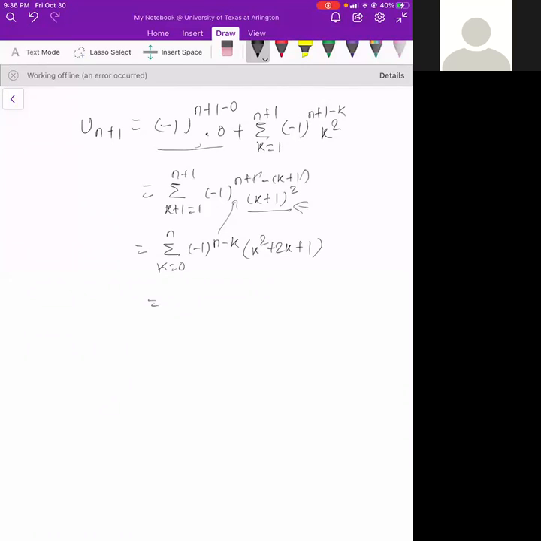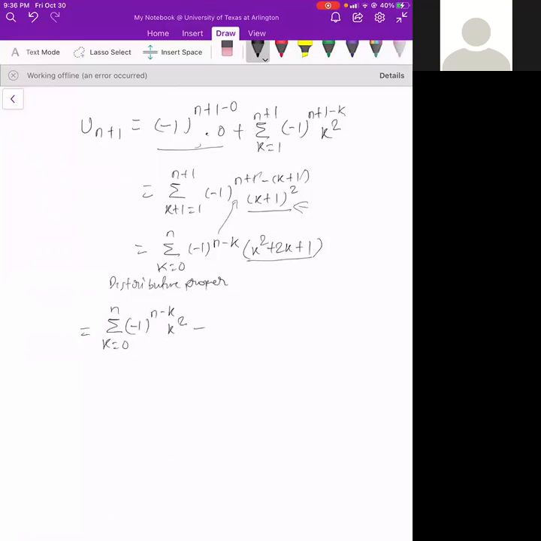Now we use our distributive property to distribute this entire summation by multiplying with this expression, and that will actually give us, I'm going to write a little bit below so that it won't mix up. So that will give us the sum from k equals 0 to n minus 1 of (n minus k) times k squared.